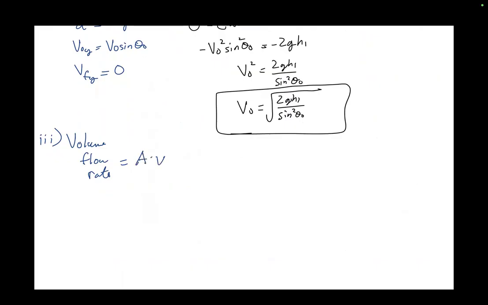Since it is a circular opening, the area is pi r naught squared, times our initial velocity, which gives pi r naught squared times the square root of 2g h1 over sine squared of theta naught. I think that is our answer.